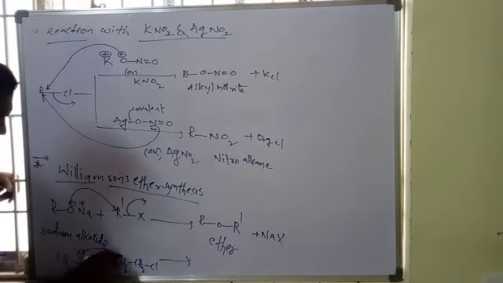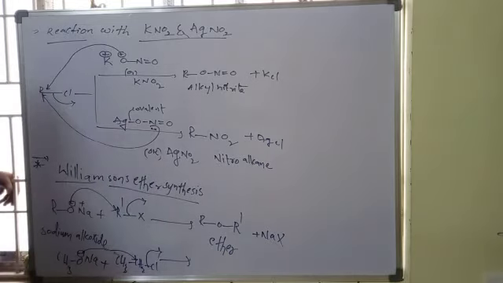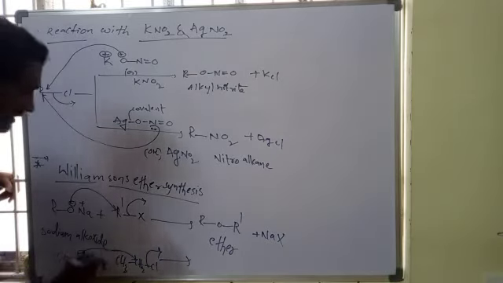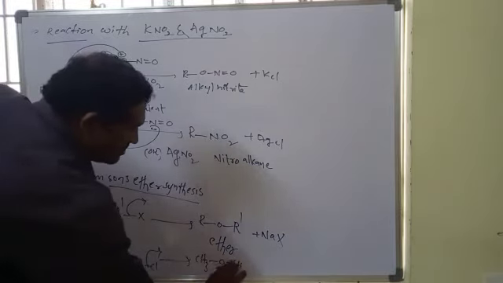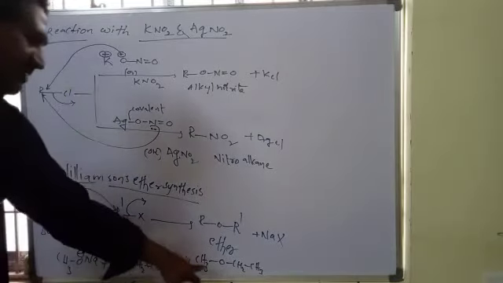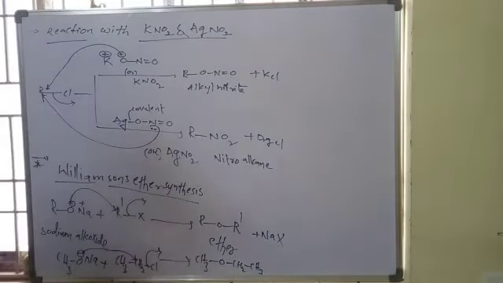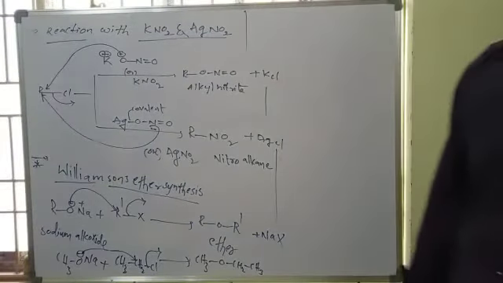O minus will attack and chlorine is eliminated. So CH3-O-CH2CH3, ethyl methyl ether, is formed. So this is about the chemical reaction, Williamson synthesis.